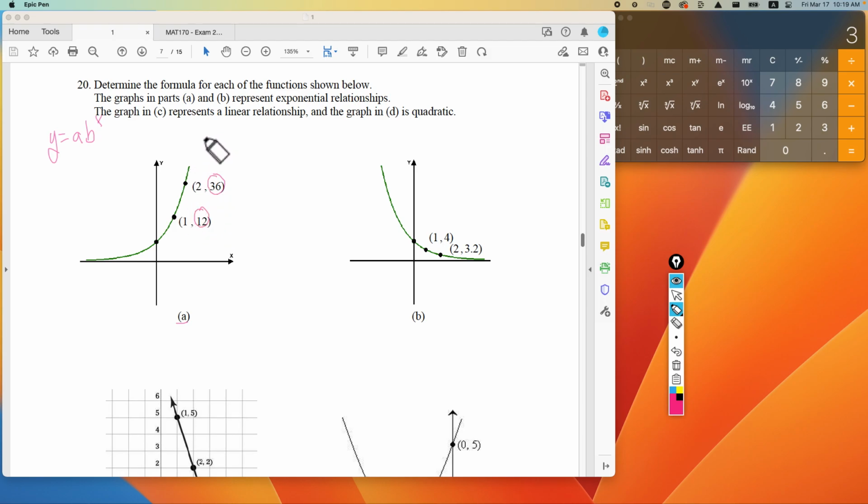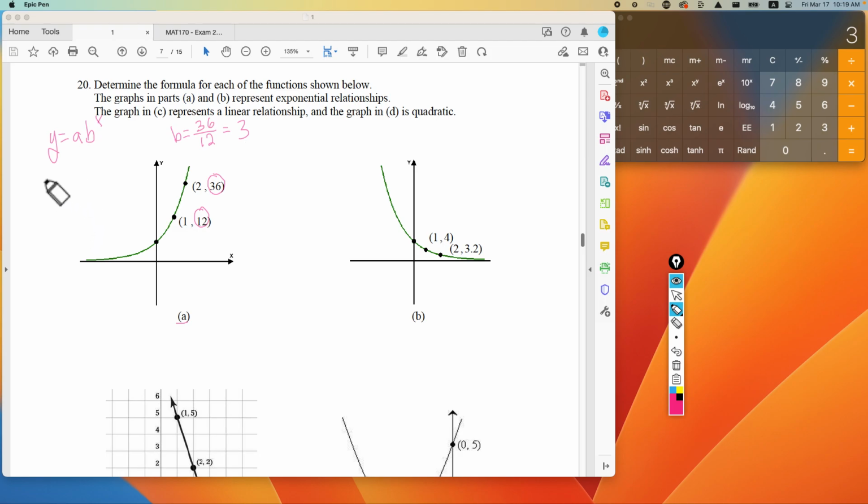Now if this was like 3 steps, then we would find the third root, but when it's just one step, 1 to 2, we're going to take 36 divided by 12, and that's going to give us the value of b. And if you take 36 divided by 12, you get 3.